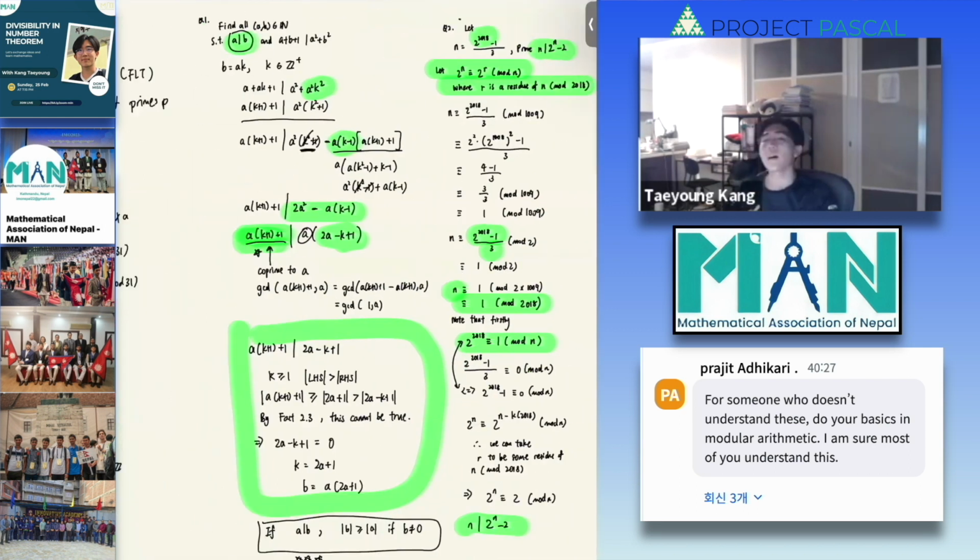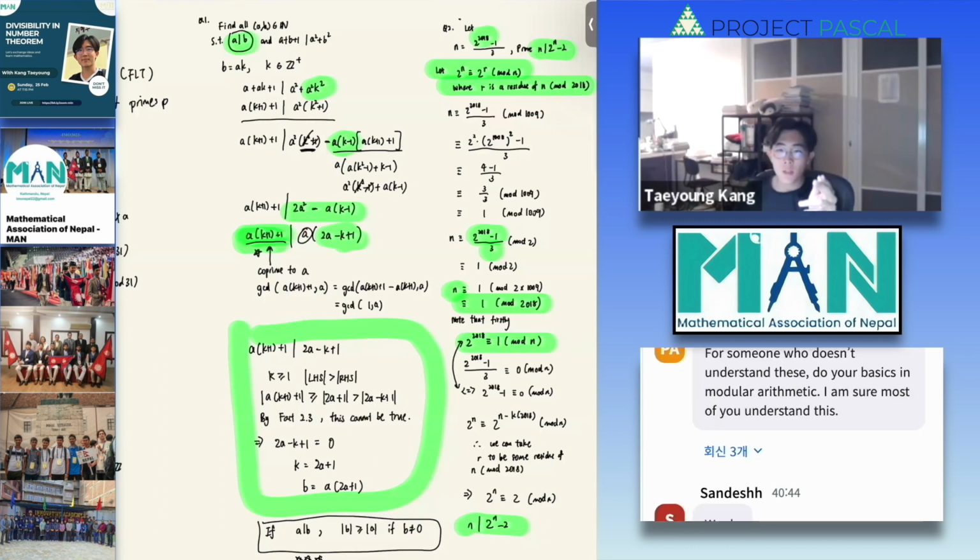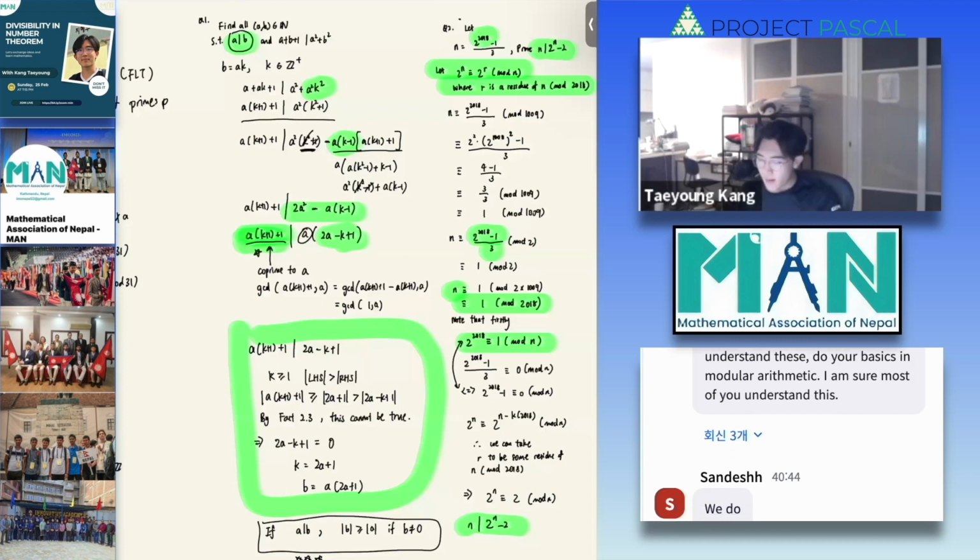Do you guys have any questions about the solution? I think the Fermat's little theorem portion of the solution is a bit more straightforward. But the harder part about the solution is noticing that n is, okay, the n is a bit confusing.